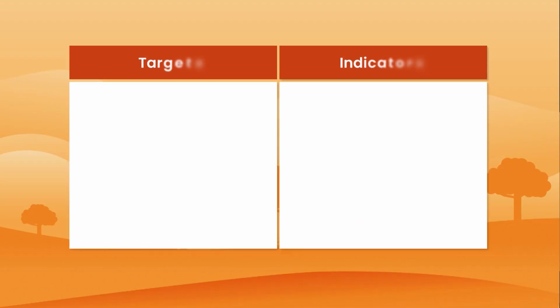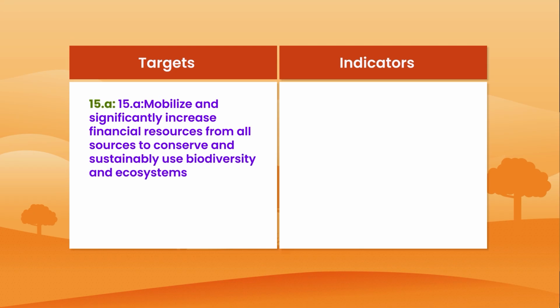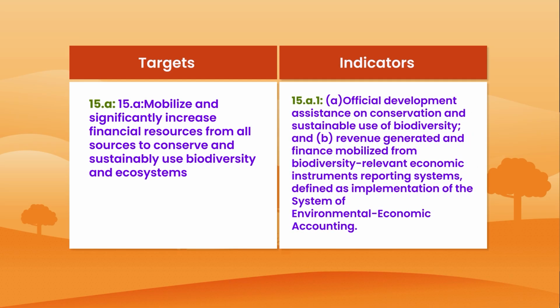Okay. The additional target 15A is on mobilization and significantly increasing the financial resources from all sources to conserve and sustainably use biodiversity and ecosystems. To look into this, the indicators are official development assistance, ODA, on conservation and sustainable use of biodiversity. Another is revenue generated and finance mobilized from biodiversity relevant economic instruments, right.